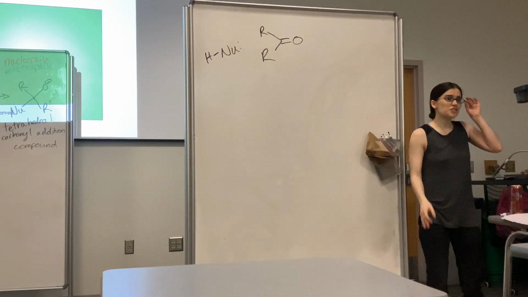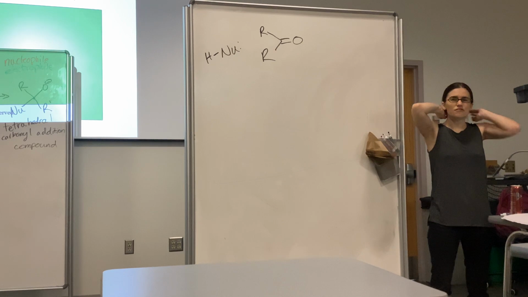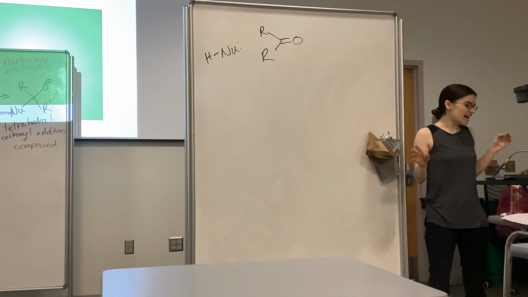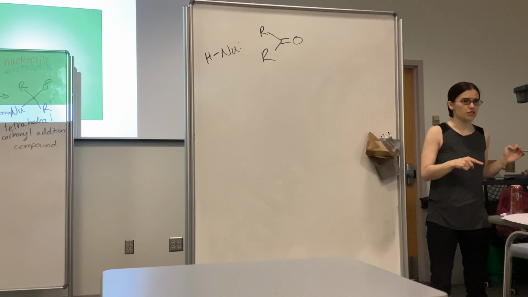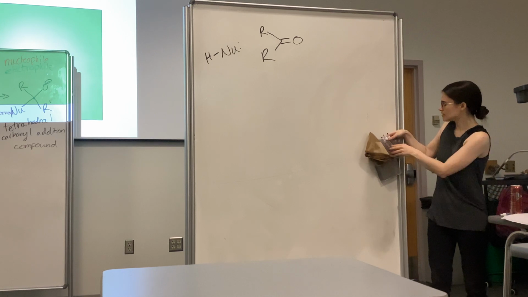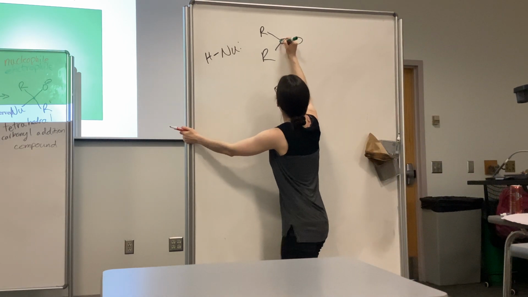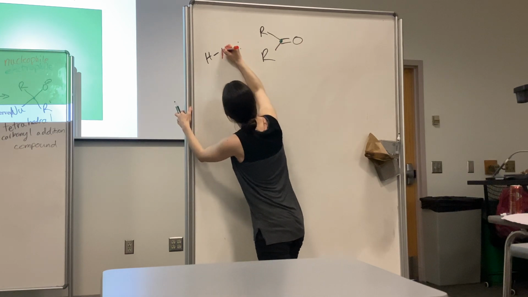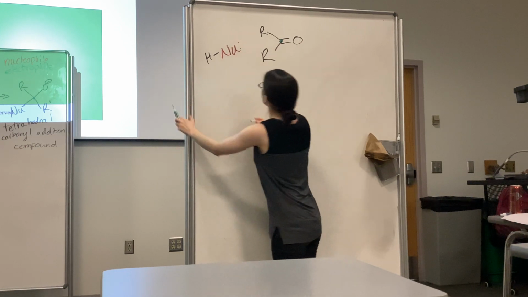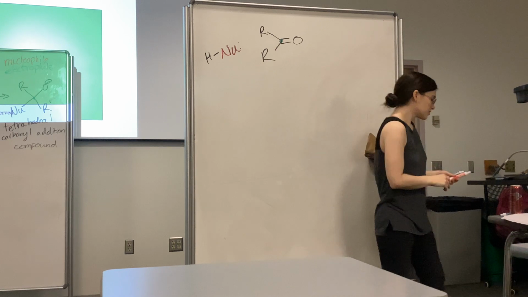The best way to figure out the mechanisms of these is not to remember the first step that I'm about to show you. It's to find yourself an electrophile, find yourself a nucleophile, and do your attack.